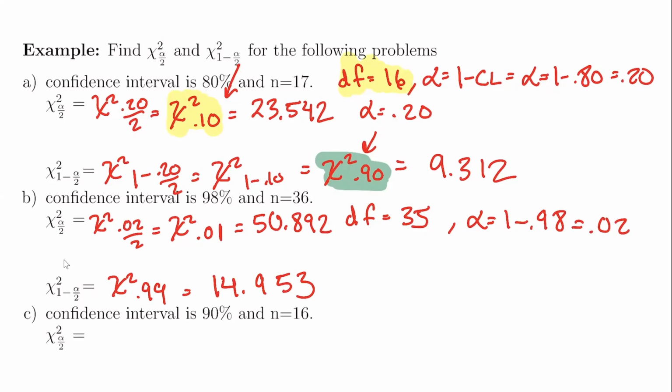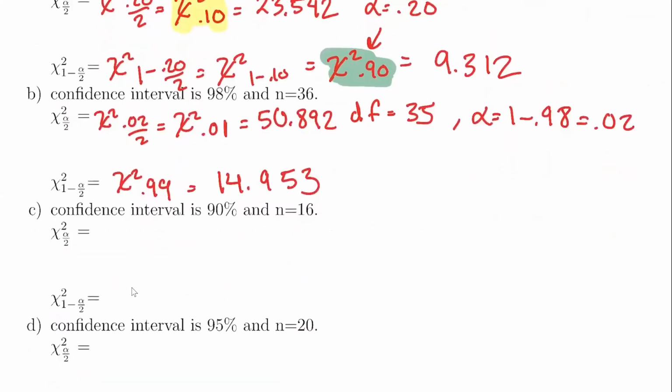Once we actually get to a problem, we'll do the whole thing all together. But for right now, you just purely want to focus on how to get chi-square of alpha divided by 2 and chi-square of 1 minus alpha divided by 2. Okay, so this is step 1. Yeah, this is pretty much step number 1, the first thing you have to do. Okay. The table.